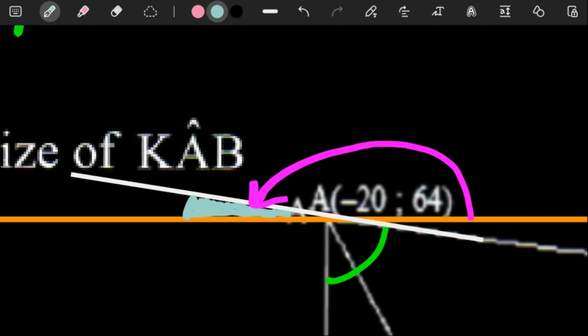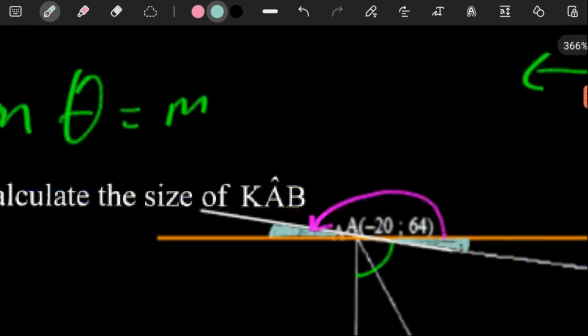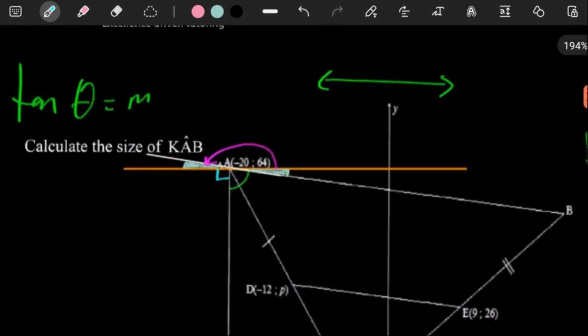If you get this tiny angle, it's the same as this tiny angle over here. Since this is a 90-degree angle, if we get this tiny gray angle, we can just say 90 minus this tiny angle, and we get the green one. That's what we are going to do.